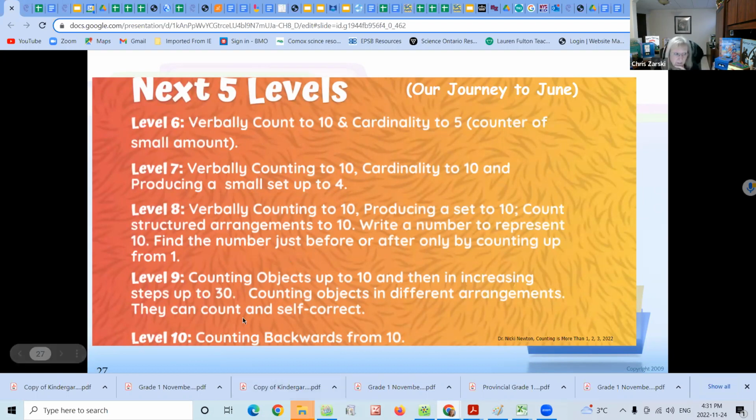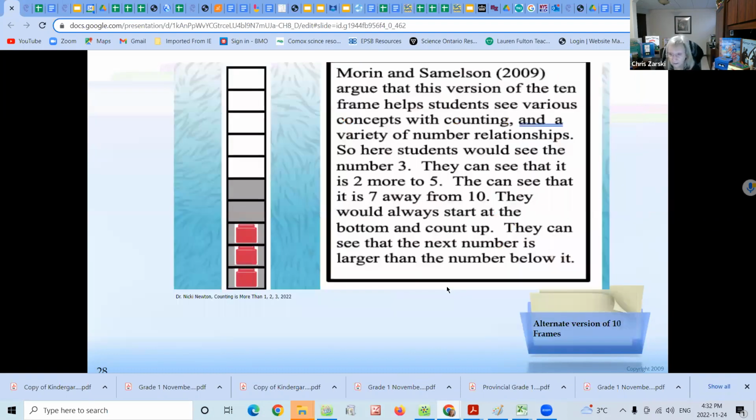But then I'm starting to move into level 9, which I'm starting to get into numbers of 30 and 40 and 50, right? So they're starting to move up, and there will be some things in level 10 that they're able to do as well, because you're going to be skip counting, right? We've got skip counting by 2s, 5s, and 10s. And we're going to do that wherever we can. It's not a separate unit on its own. Just keep bringing it in over and over again.